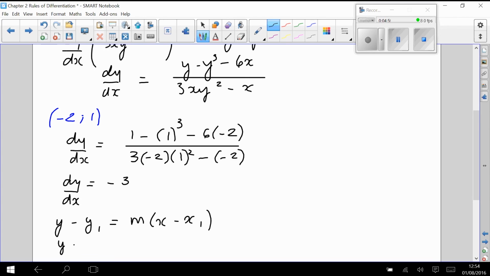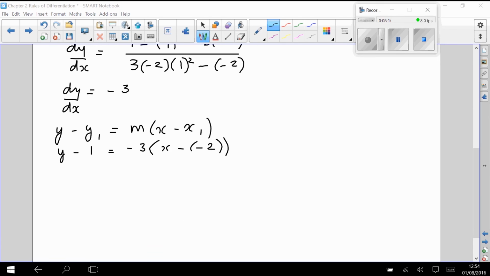So now the equation of my tangent is y minus 1 is equal to minus 3 for my gradient, times x minus minus 2. Distributing the minus 3 into the bracket on the right-hand side, I have that y minus 1 is minus 3x minus 6. And so finally, the equation of my tangent is given to me by y equals minus 3x minus 5.